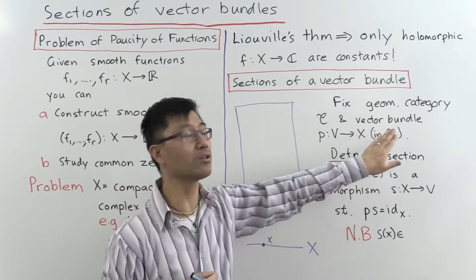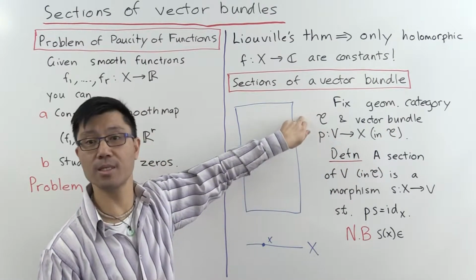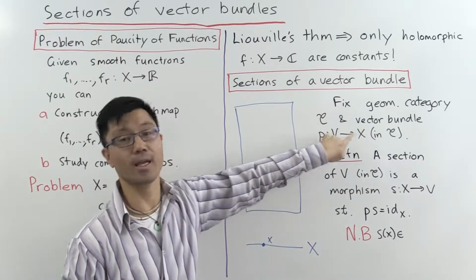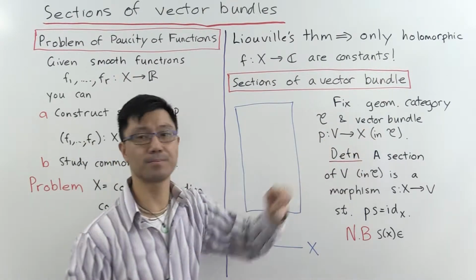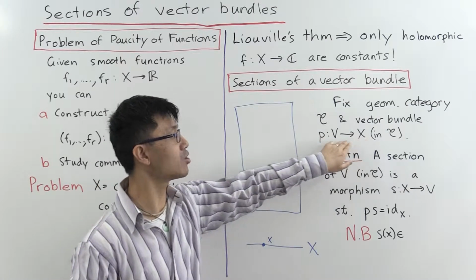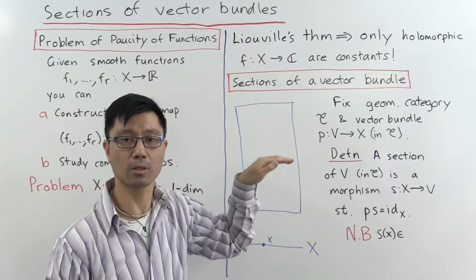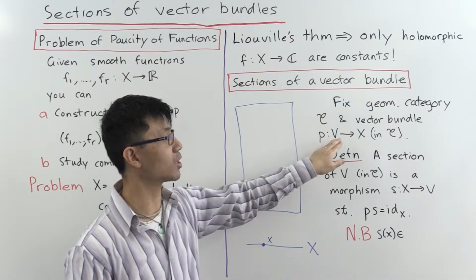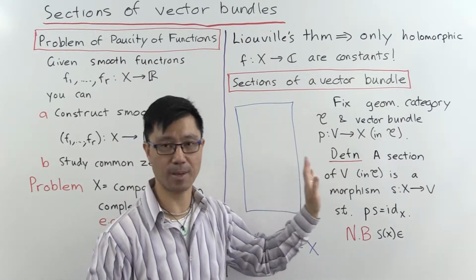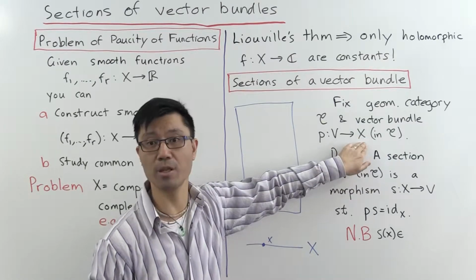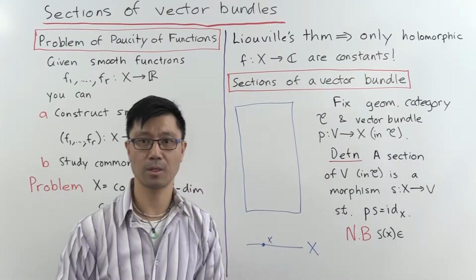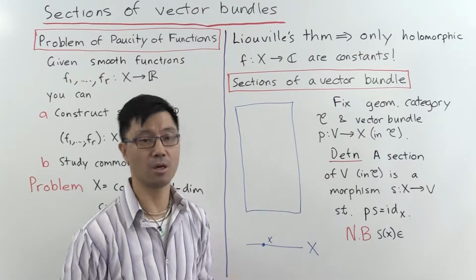So a vector bundle is the data of a morphism inside here from V to X. And remember, each of the fibers of this map is going to be a vector space of some constant dimension. So you can think of this as a family of vector spaces that varies as you vary the point on X. Okay, so what's a section of this?